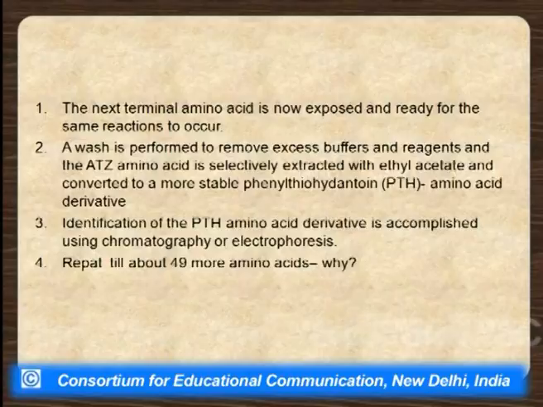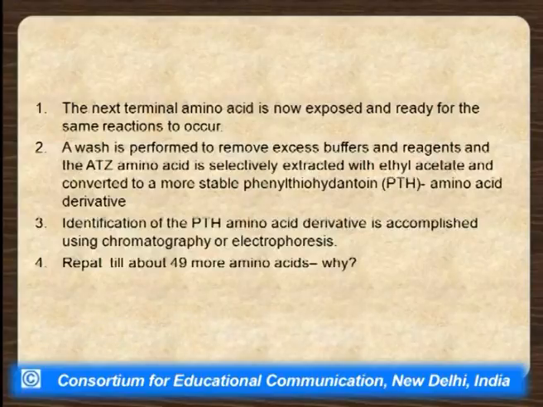So, once the ATZ amino acid is removed, the next terminal amino acid is exposed and it becomes the new N terminal, and here PITC can bind again. A wash step is required to remove the excess buffer and reagent after each ATZ residue is removed.